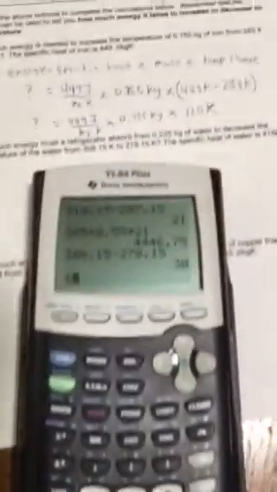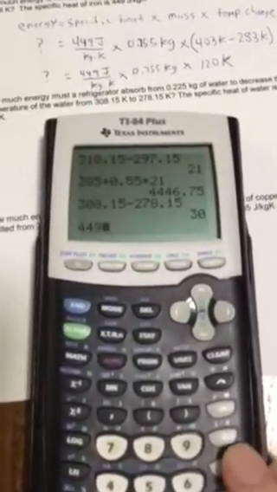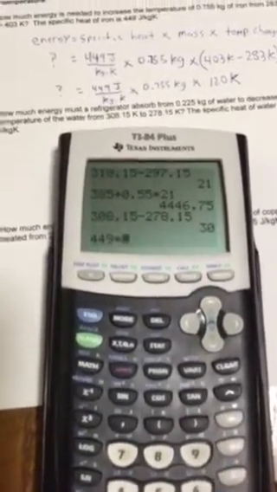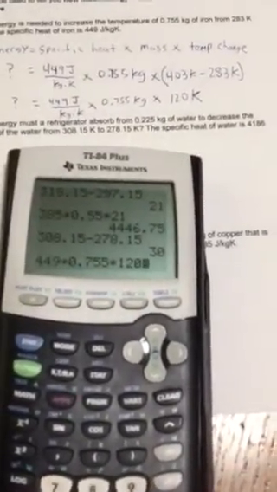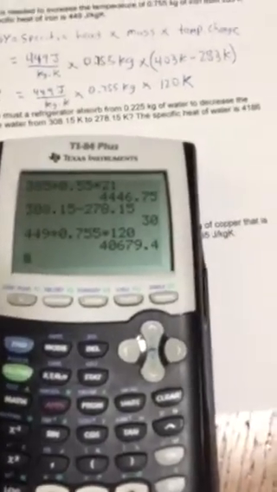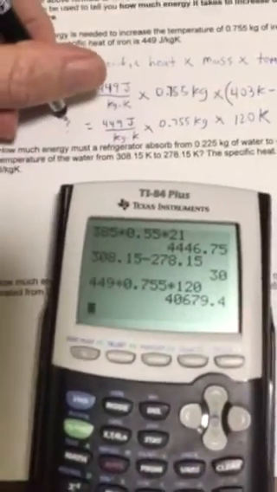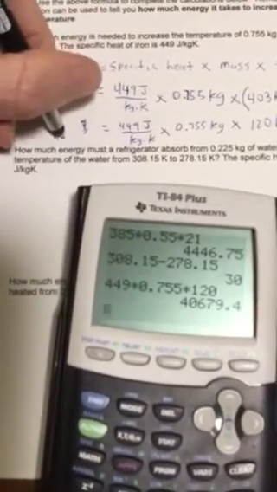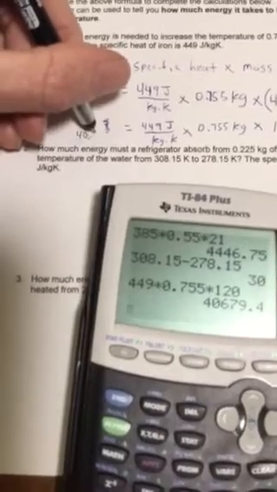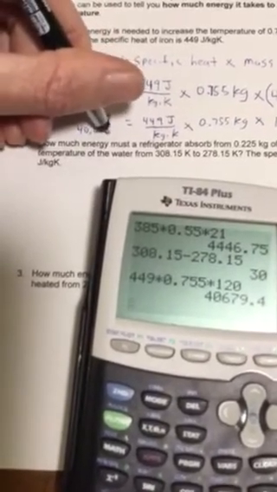You do 449 times 0.755 times 120, and you get 40,679.4. So this is no longer a question. We know now that our answer is 40,679.4.